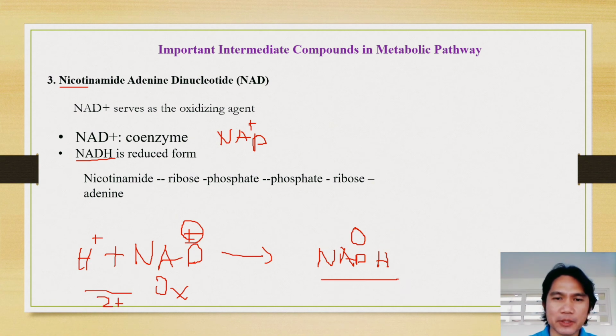Still, at the product side, you have 0 charge. So what we will do is we will put 2 electrons at the left side. So 2 electrons plus 2 positives here, so the total charge now is 0, while still at your product side, the total charge is 0. The building blocks of NAD contain nicotinamide, ribose, and adenine.